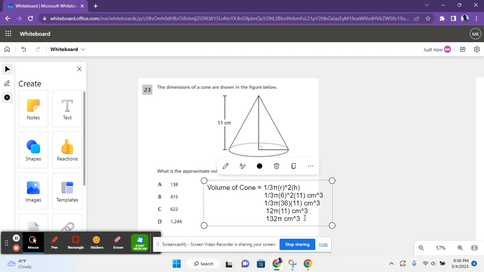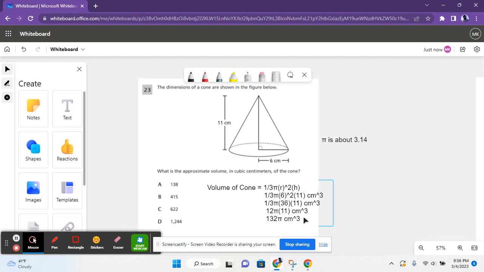If you multiply 132 by pi, that's approximately 132 times 3.14, which is about 414.48 centimeters cubed, which is about 415. And this is answer choice B.